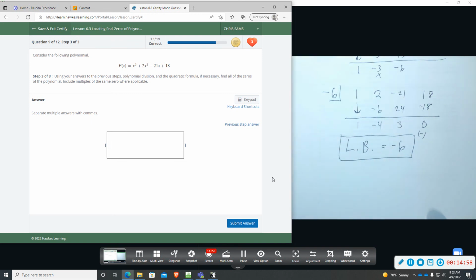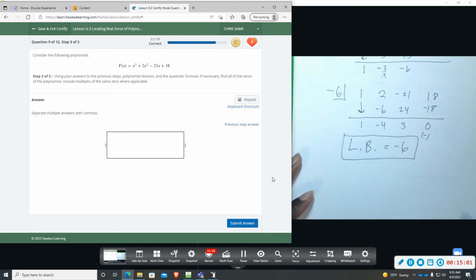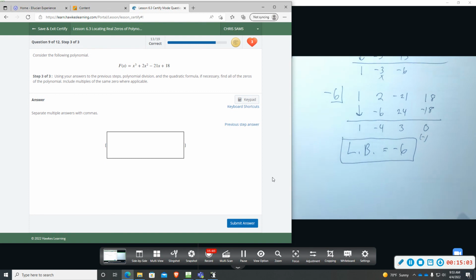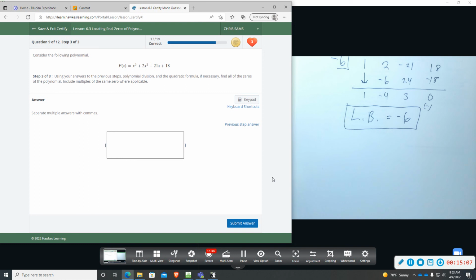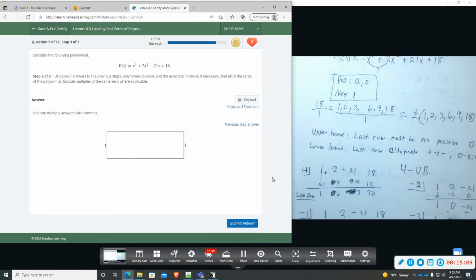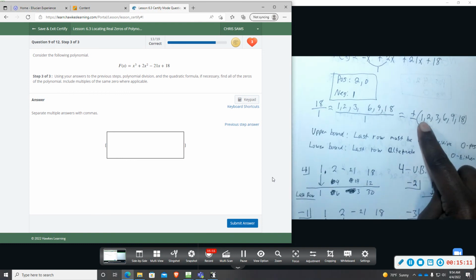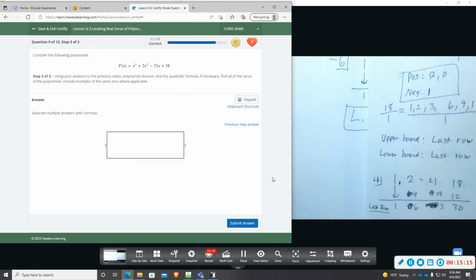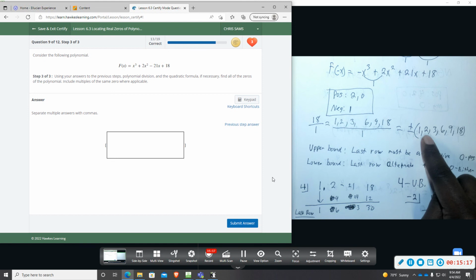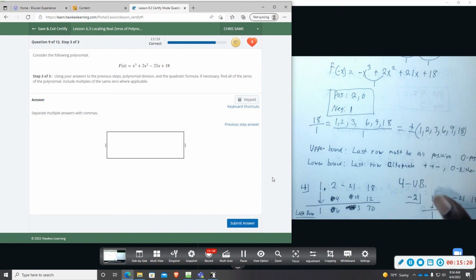So now we're going to find all the zeros based on what we just did. From this list, upper bound was 4. So I need to try 1, 2, 3, and potentially negative 1, 2, 3, or up to negative 6.